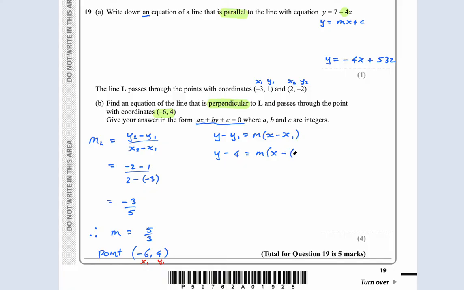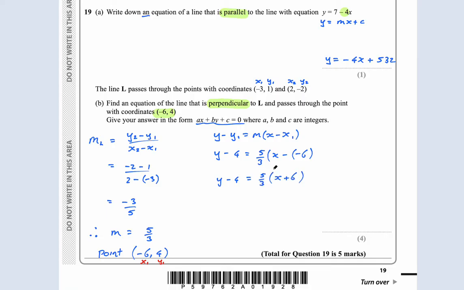So it's minus negative 6, which is going to be plus 6. So be careful. But actually, sorry guys, I forgot my m. My m is 5 over 3. So I have m into x minus negative 6, which is y minus 4 equals 5 over 3 into x plus 6.